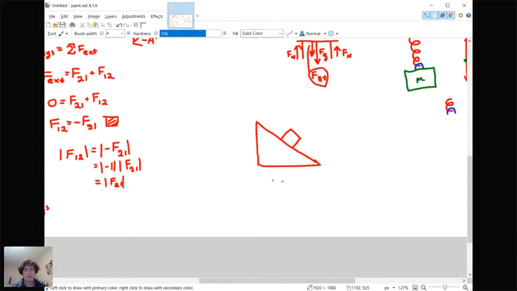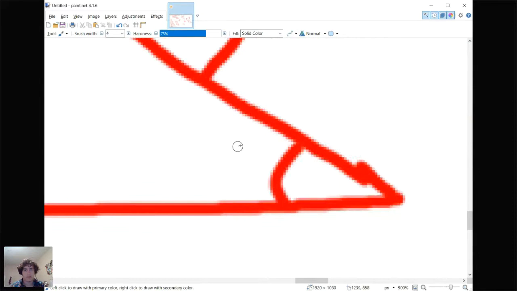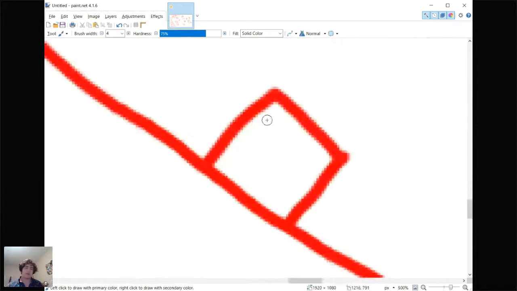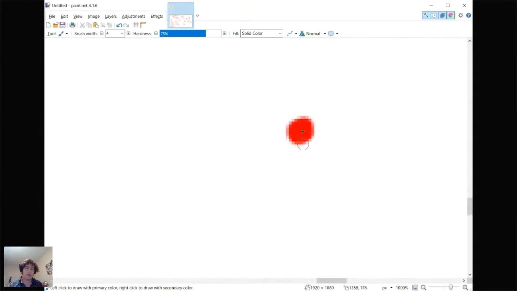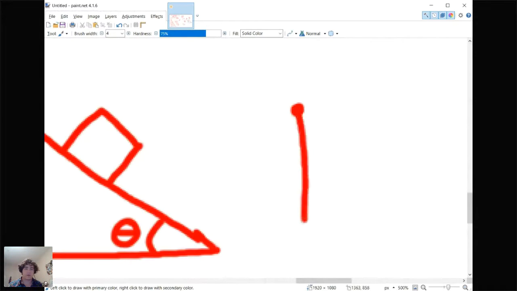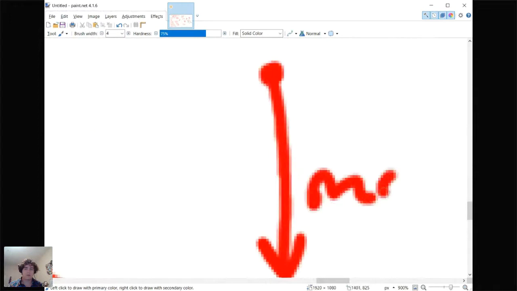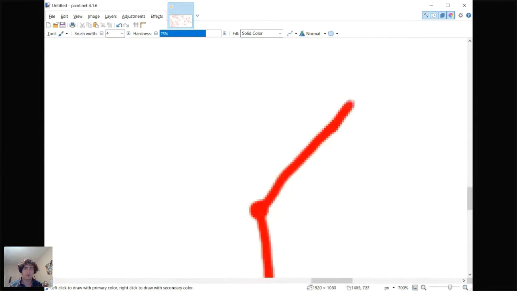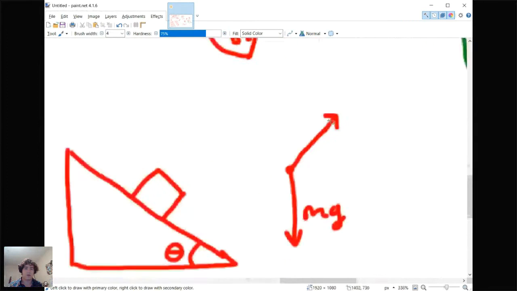There we go, that's a good one. Just say some unspecified angle theta. So when we're thinking about what's acting on this box, assuming no friction, there's going to be a force of gravity downwards and a normal force perpendicular to the inclined plane.